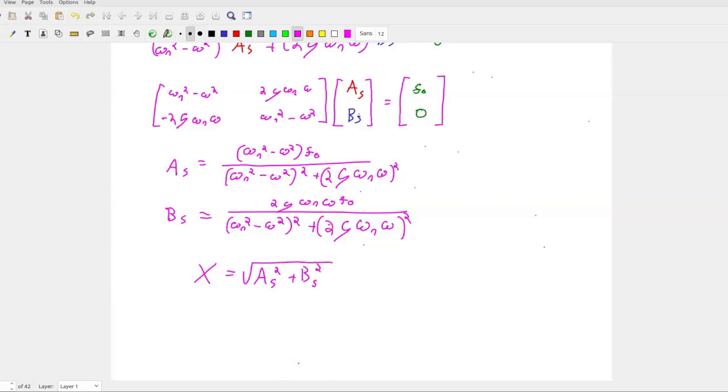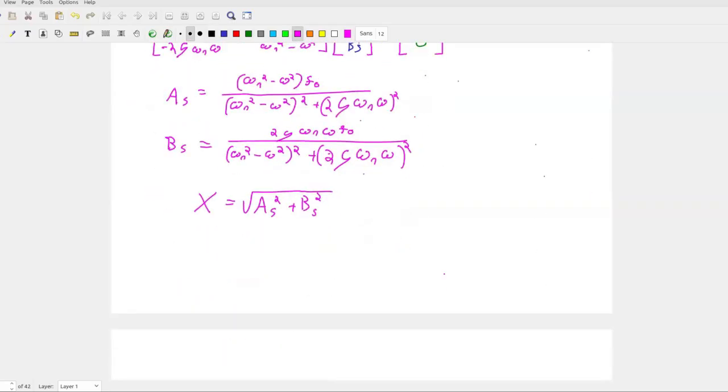And with that, again, from my trigonometric functions, I can show that phi p is equal to tangent inverse of BS over AS. Whoa.